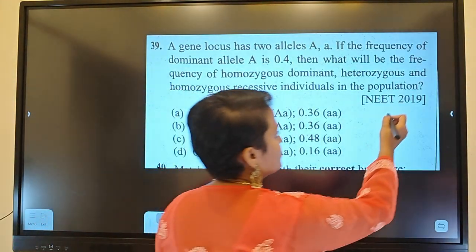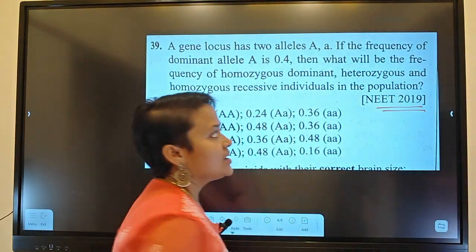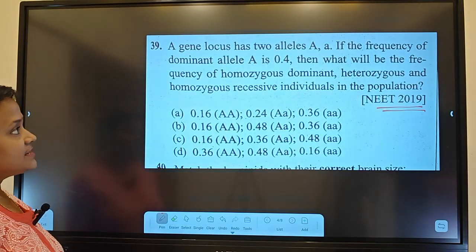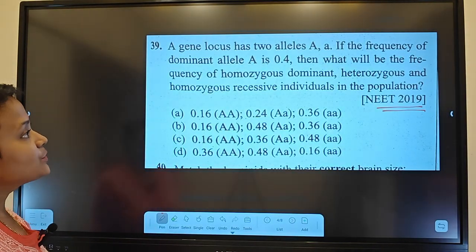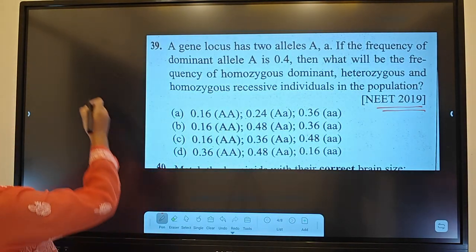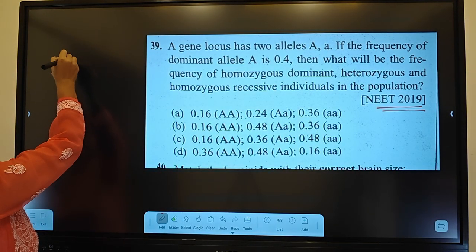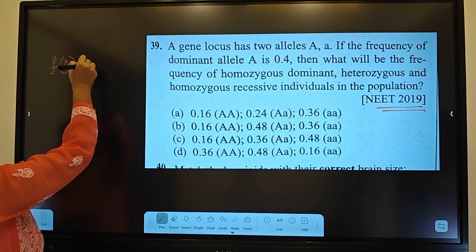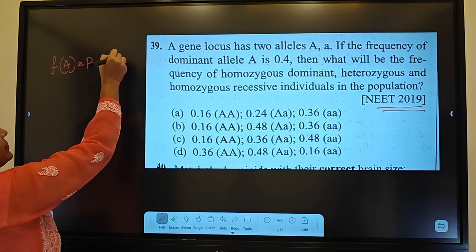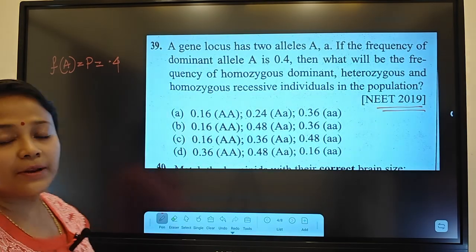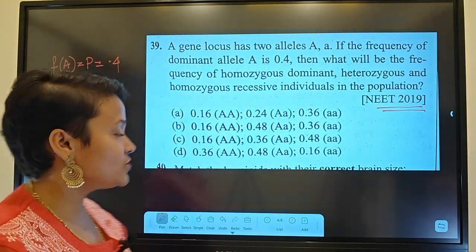Now NEET 2019 question. Here they are saying that the frequency of dominant allele A, means they have given p equals 0.4. We know that p plus q equals 1, right?